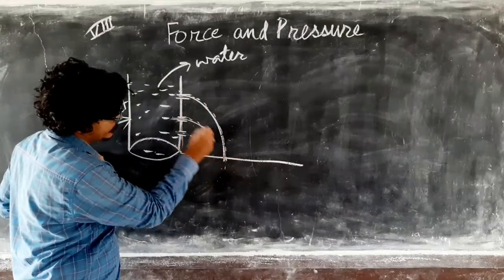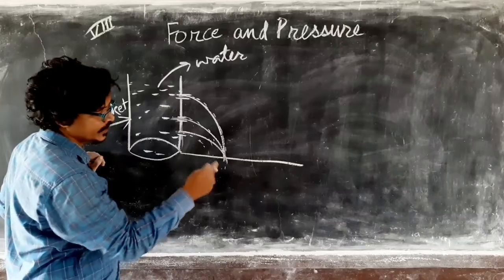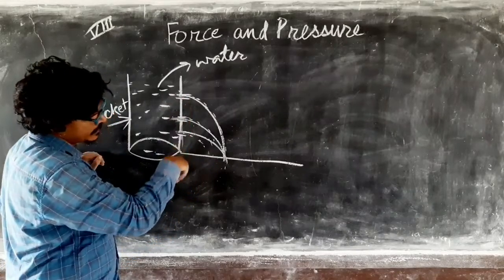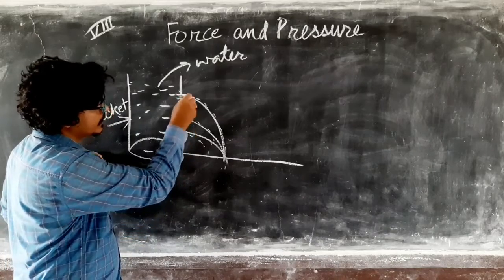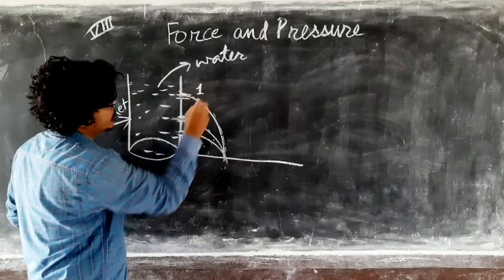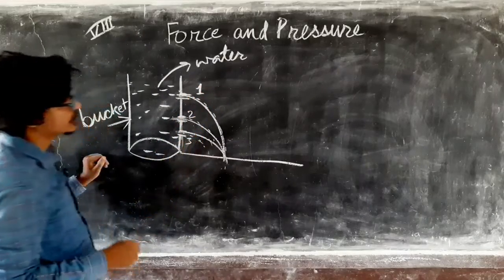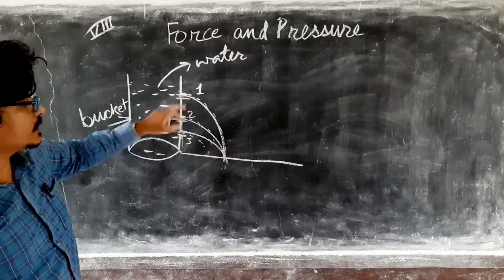Let us say this is the same point. It is not falling like this. Water is falling at different distances from this bucket. It means that for different holes, the pressure is not the same. Let us name them 1, 2, 3. In hole 1, 2 or 3, the pressure is not the same.